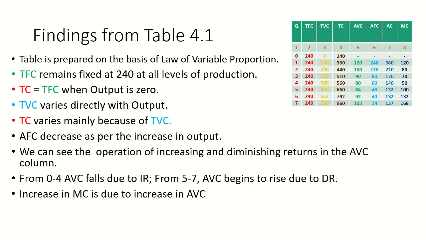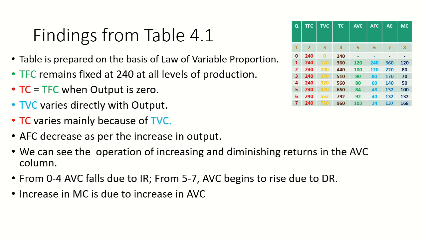First of all, from the TFC column we can see that TFC is fixed, and when there is no output, the TC is equal to TFC. Next, in the total variable cost column, TVC varies directly with the output, and the total cost varies mainly because of the TVC.